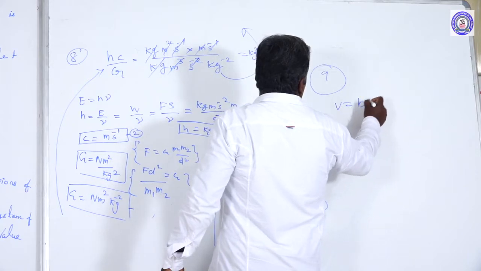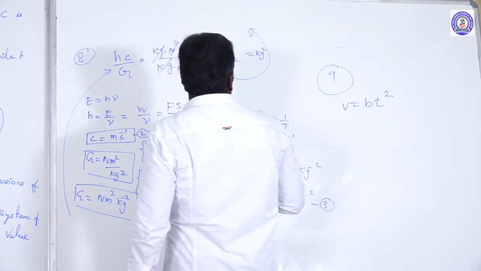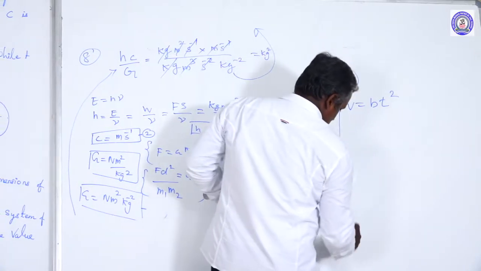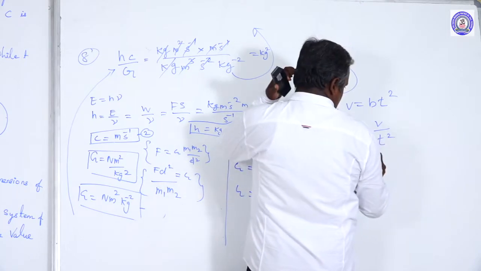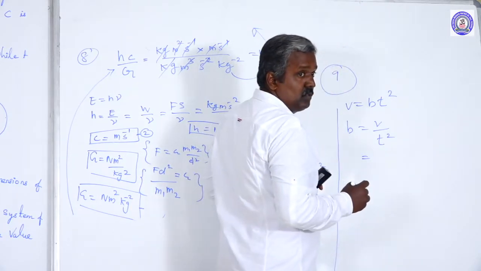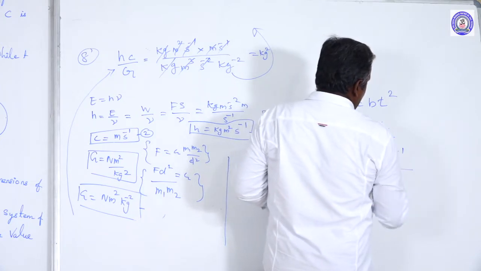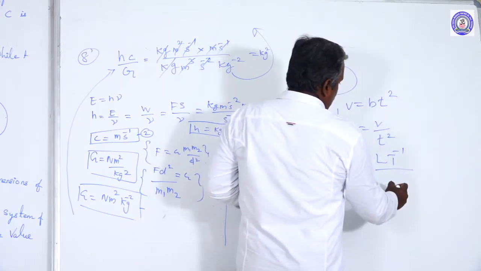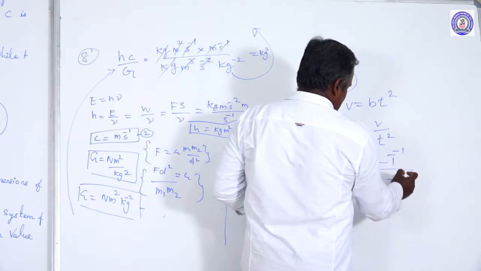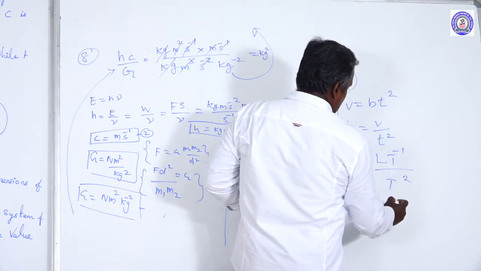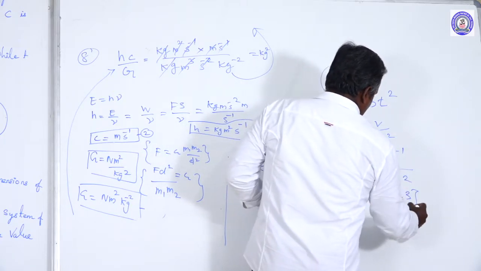V is equal to bt square. Here asking dimension of B. So B is equal to V by t square. V is velocity, so the dimension of this is L T power minus 1, divided by t square, the dimension for time squared. So B is L T power minus 3.